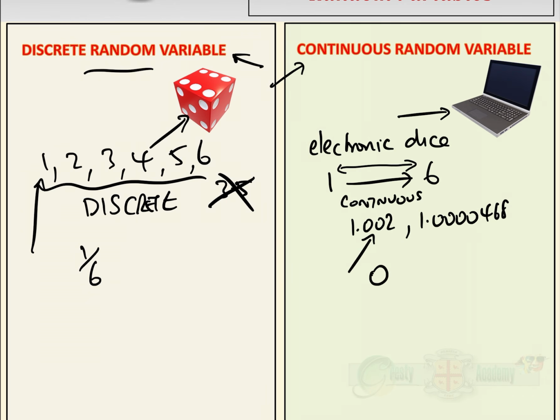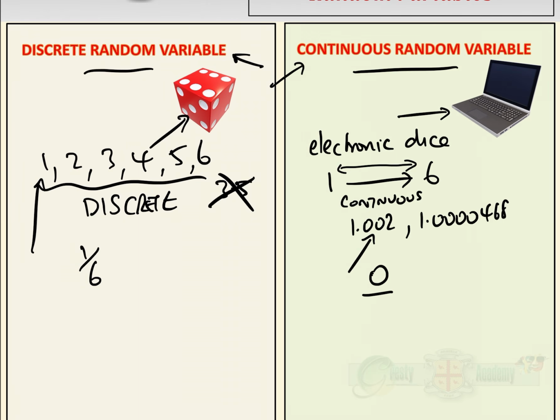It could be 1.0021, 1.0022, 1.002004, or whatever. So the probability of actually getting a specific value on a continuous random variable is 0, which is not the same case as with a discrete random variable.